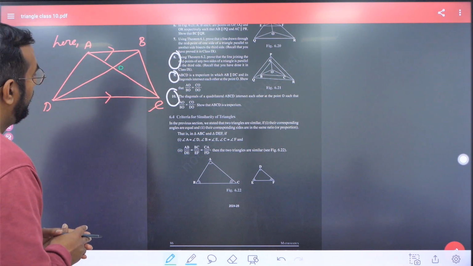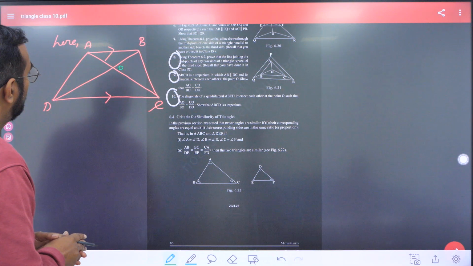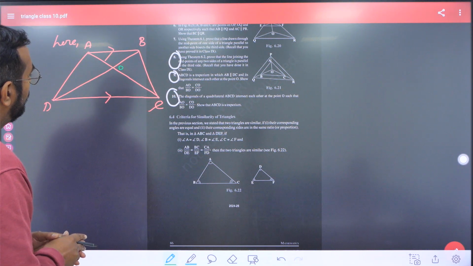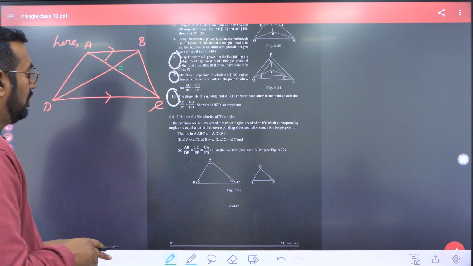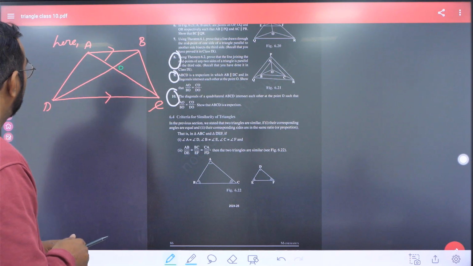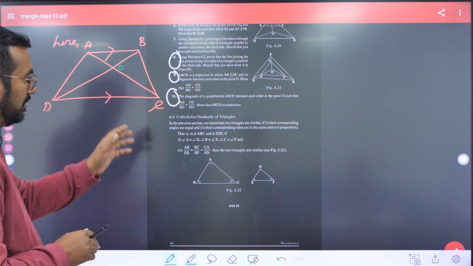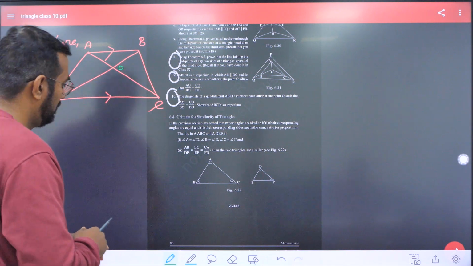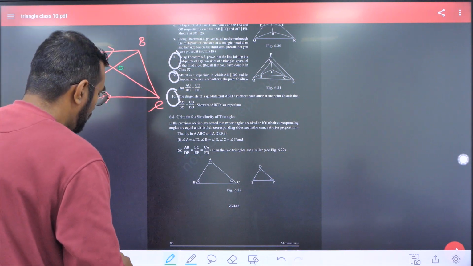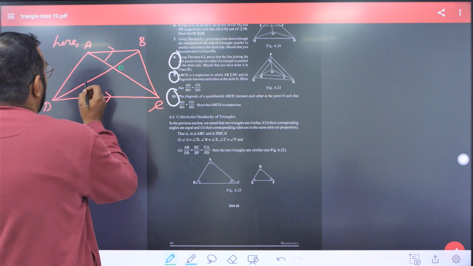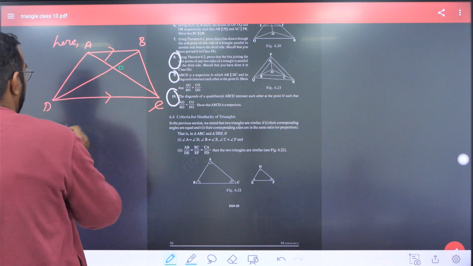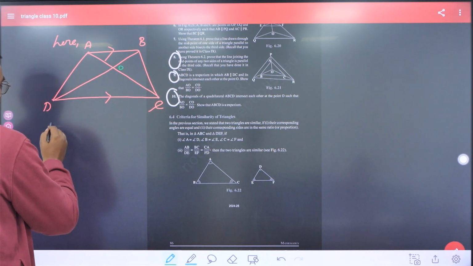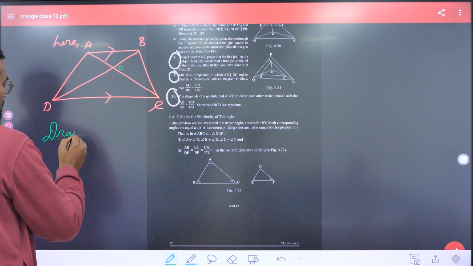So beta, look, directly when you think about how you can say AO upon BO is equal to CO upon DO, you will not get success in solving this question. You have to draw a line that is passing through O and parallel to AB. Here we have to make some construction.